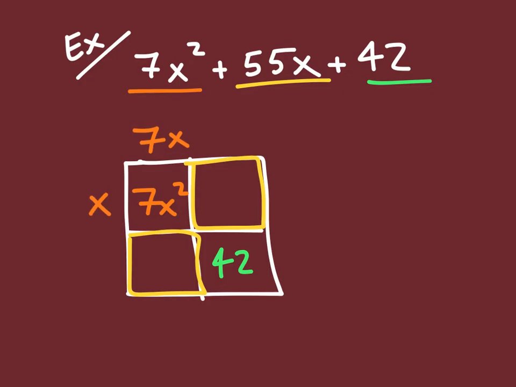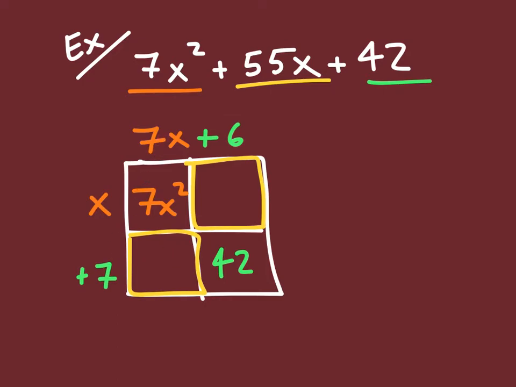Now, the next thing I want to do is then say, what two numbers are going to multiply to 42? Now, let's try this. Let's try just the numbers 6 and 7, okay? These two numbers multiply to 42, all right? And so then you would say, let's fill in these boxes.